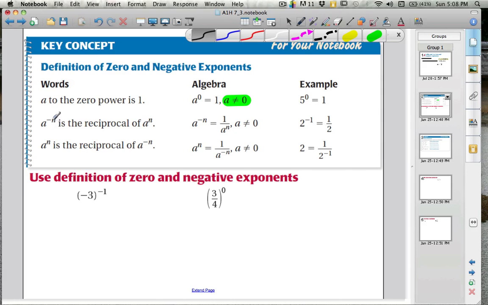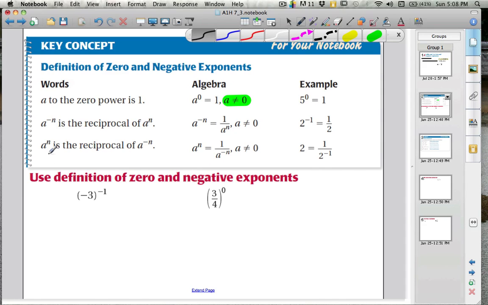If we have a to the negative n power, it's the reciprocal of a to the n. So basically what I'm doing is putting 1 over the item and changing the exponent to be positive. So 2 to the negative 1 power is equal to 1 over 2 to the first power, or 1/2.